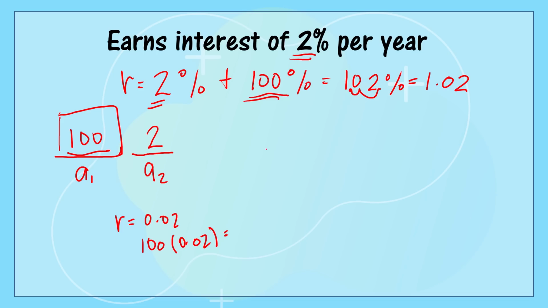Kasi di ba, kung kunwari yung first term nga natin ulit, A sub 1, ay 100. Kung ang gagamitin na natin ay si 1.02 or si 102%, 100 times 1.02 ay equal saan? Si 100 plus 1 times 1.02 ay equal sa 102.